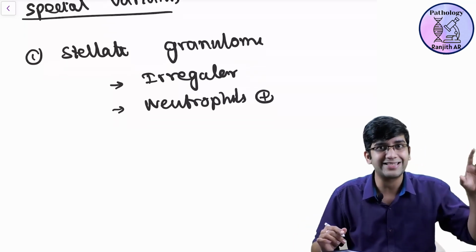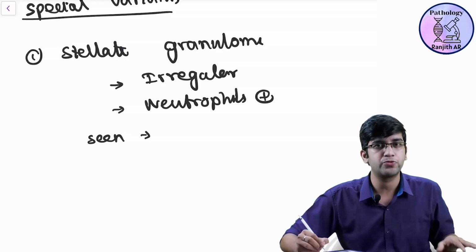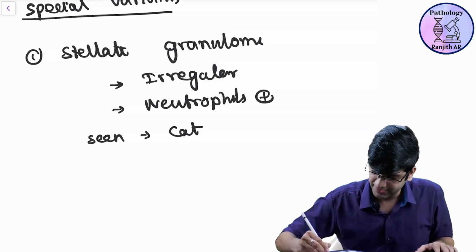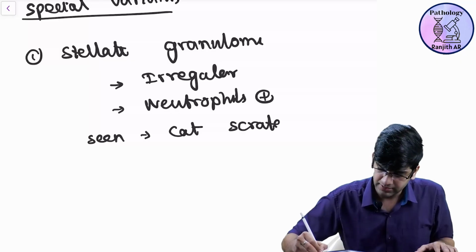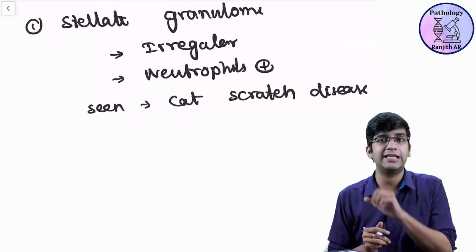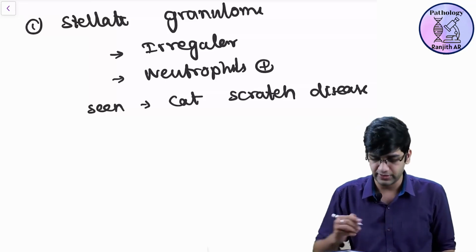It is seen in a disease caused by Bartonella henselae: cat scratch disease. That's a stellate granuloma. I'll show you the image. It's already in the image bank.